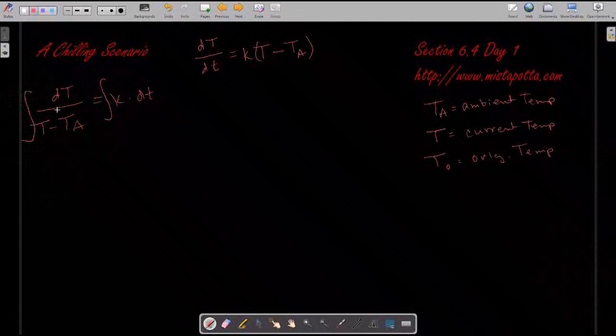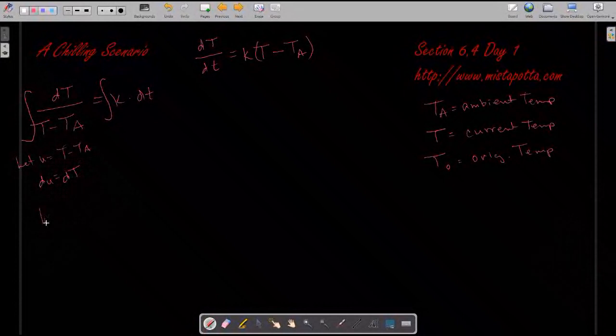Integrating this left side, I'm going to have to let u be T minus T_A, but the derivative of that, because my ambient temperature, my room temperature, is constant, or we're going to assume it's constant, we're going to assume little fluctuations don't affect, is just going to be dT, which I clearly have.